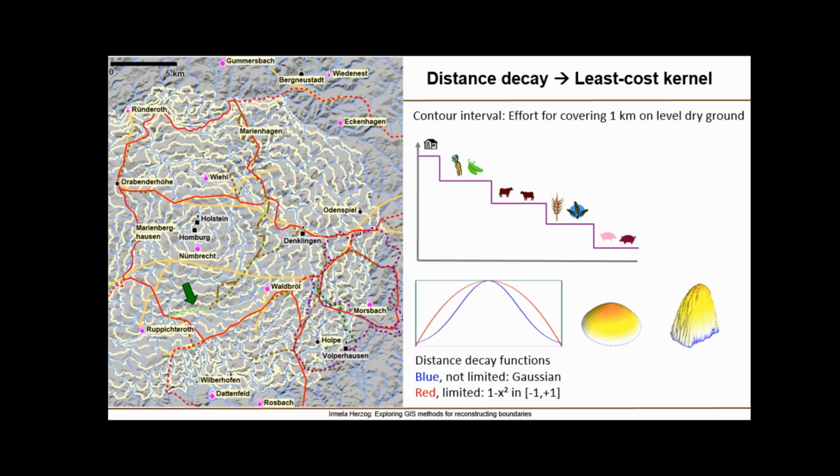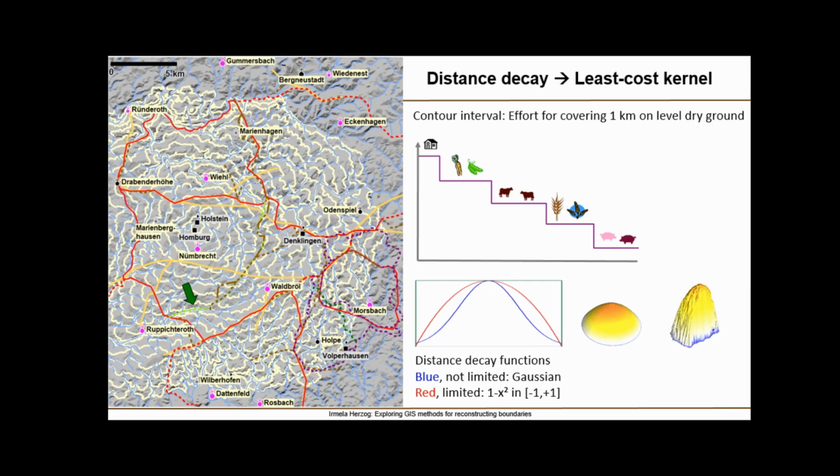But these site catchments gave me the idea that you have the decreasing influence zone. So close to the house, you work more, you are more close to the house, and in the garden you're less, and so on.